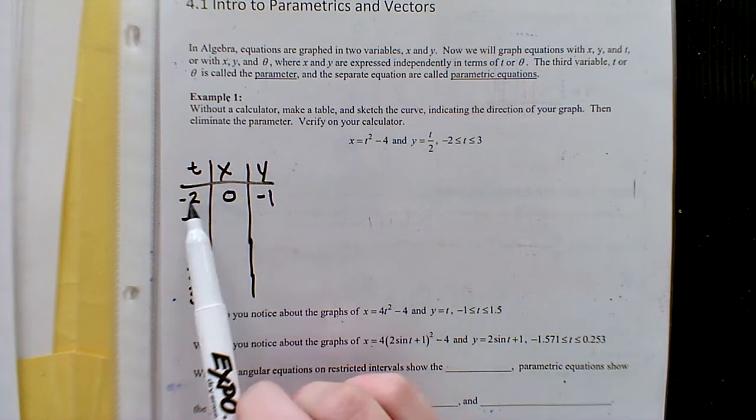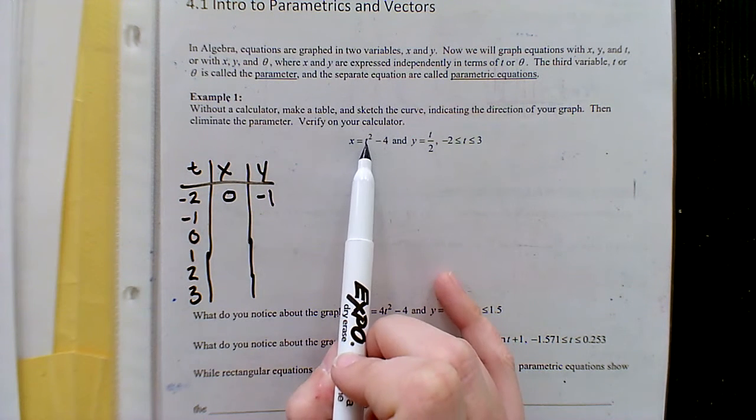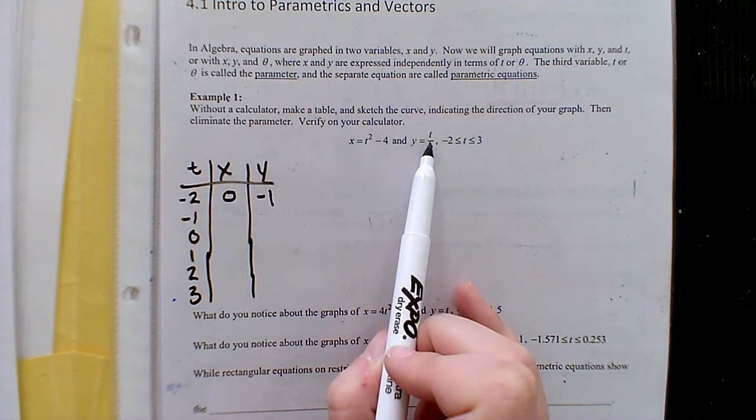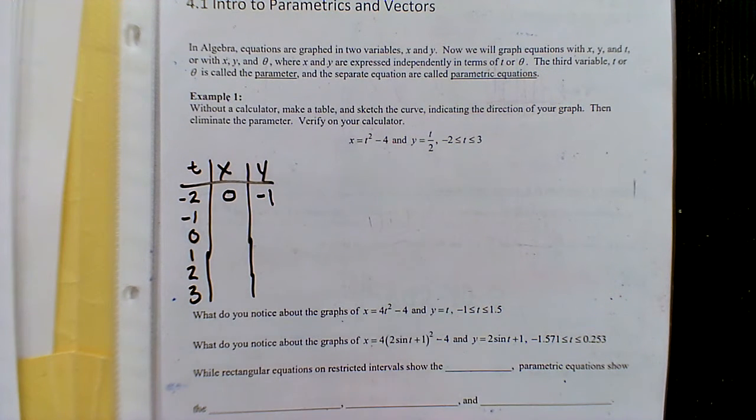So for instance, if you plug in -2 into the x equation for t, you'll get 0. And if you plug in -2 for the y equation for t, you'll get -1. We're just going to repeat the process for the other t values.